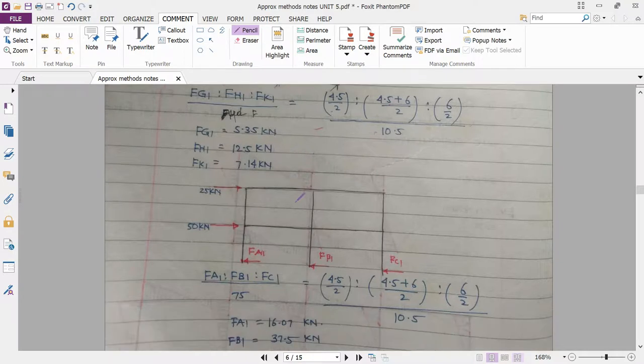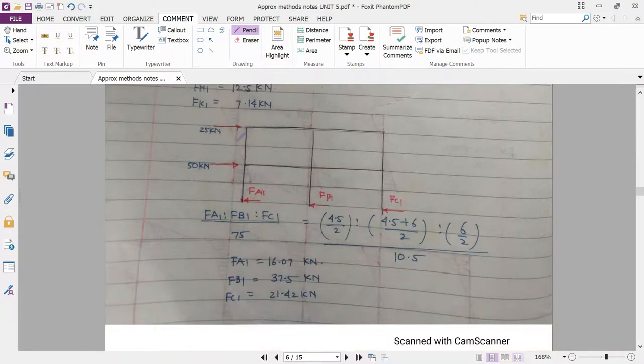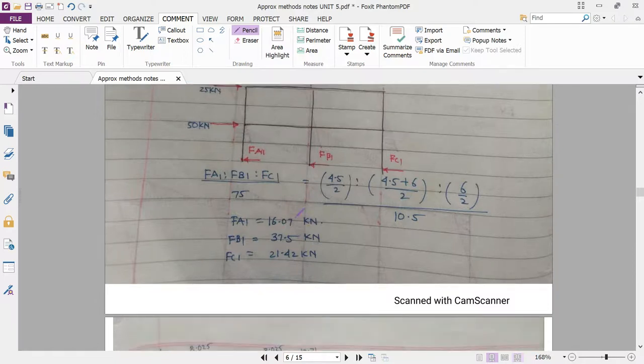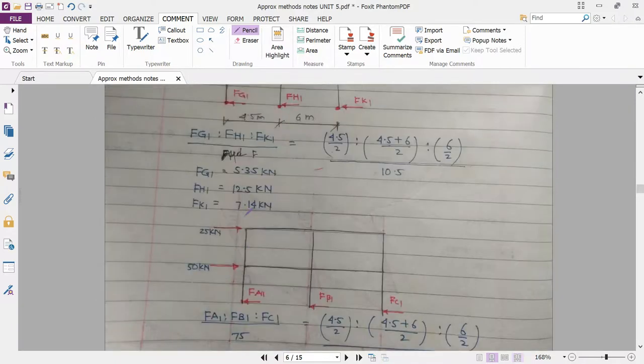Okay, now consider the second story. In that case also consider the contribution of the second horizontal force. The same equation you have to follow, but here the summation of force will be different. Many times students commit the mistake that they directly take the same case as the previous one.